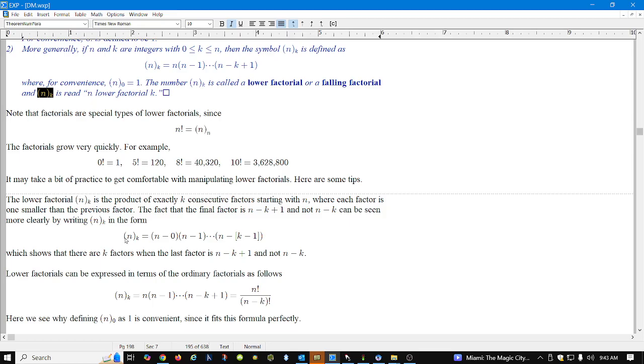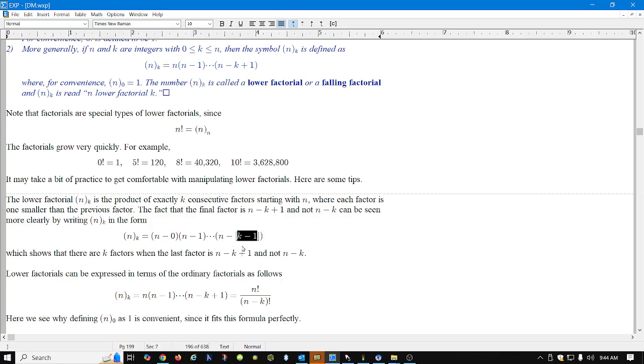Well, if you rewrite this n lower factorial k, replace n by n minus 0, then you have n minus 1 and so on. If you want k factors, because you're counting from 0, the last integer you subtract will be k minus 1.